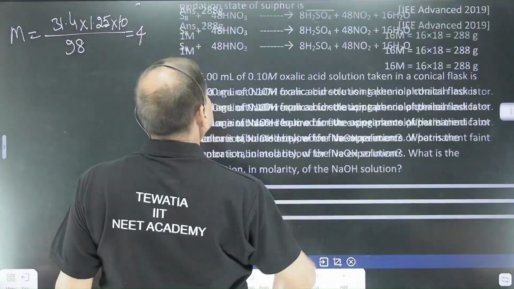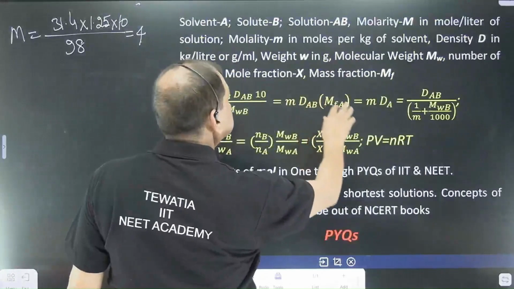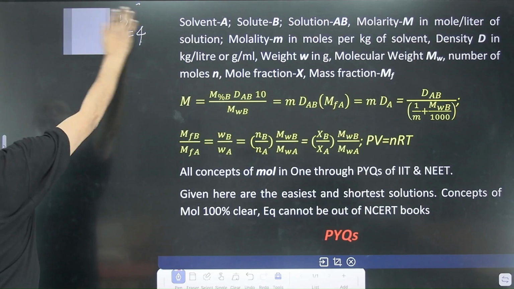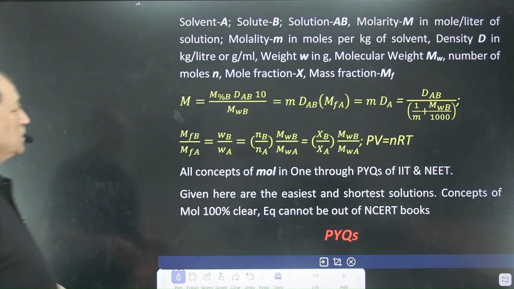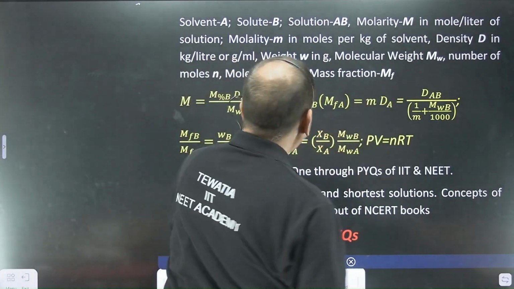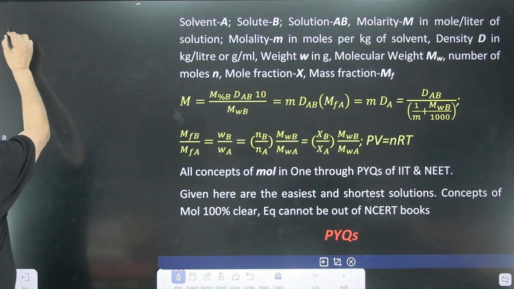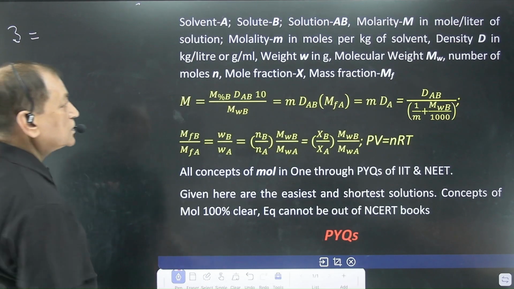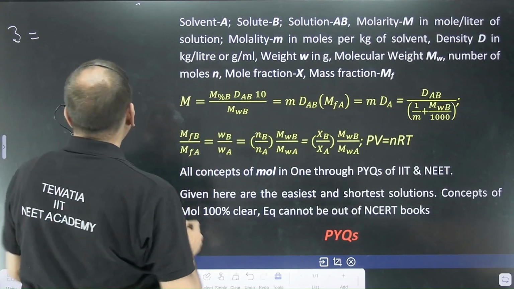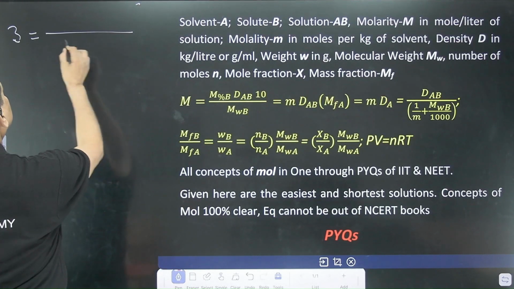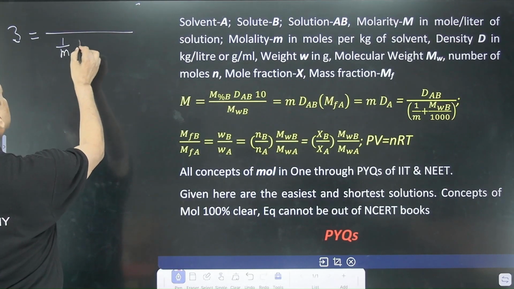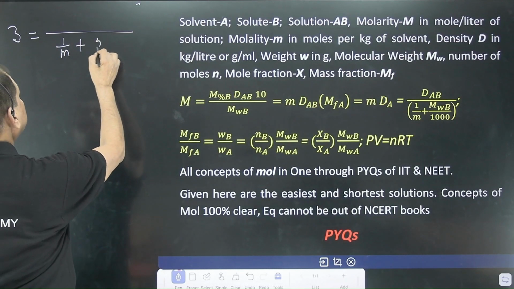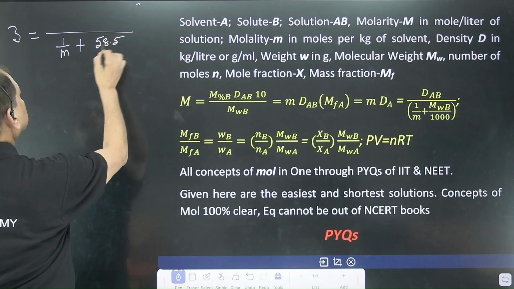So very simple, just use this formula. M is given, 3, equal to DAB. We have to calculate 1 by m plus molecular weight of sodium chloride 58.5 by 1000.